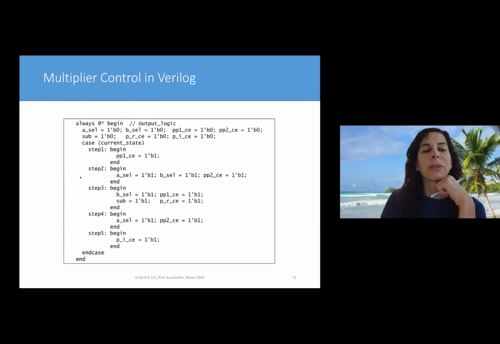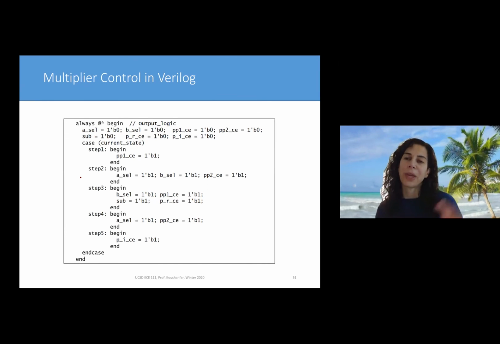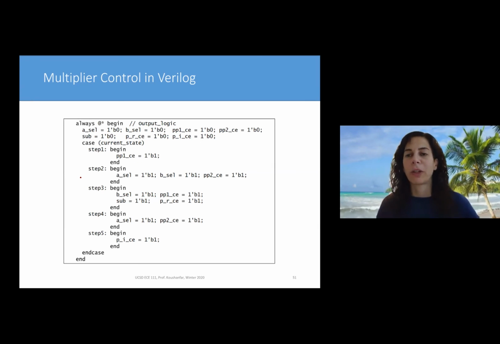Now, again, this is kind of the output logic. In this particular example, the output logic is determined step by step here based on which step we are in the current state, and that's how we interpret that module to a Verilog form.